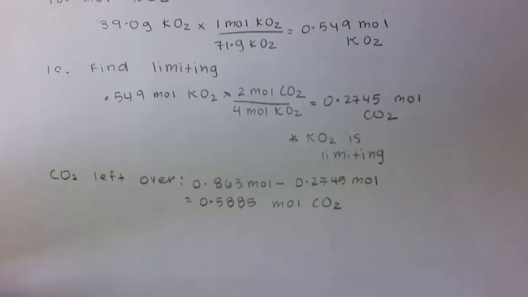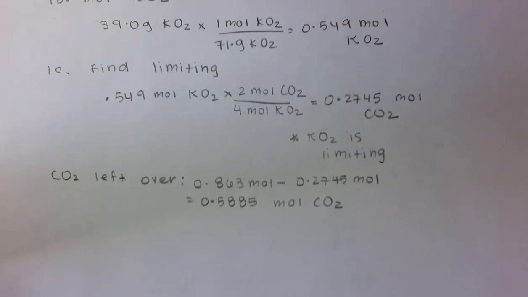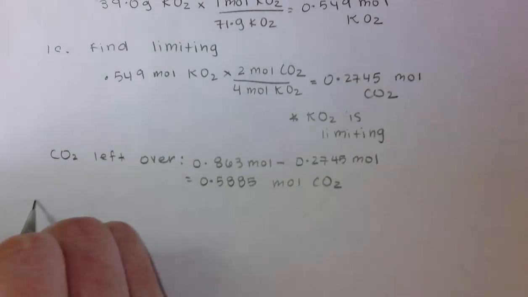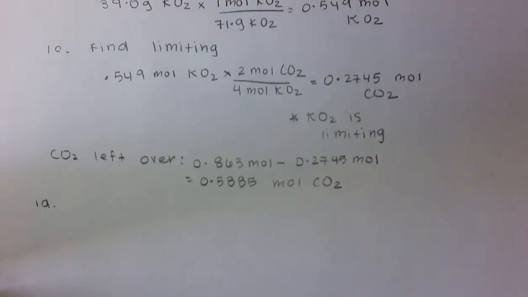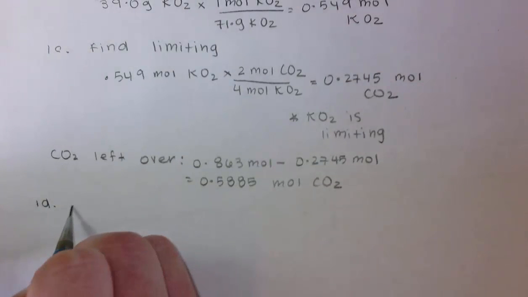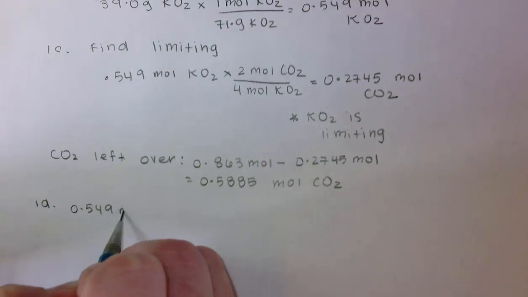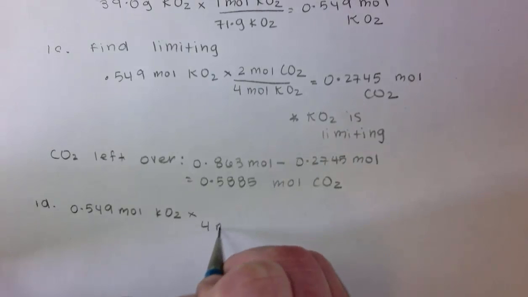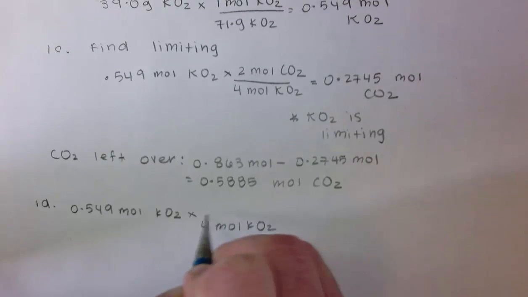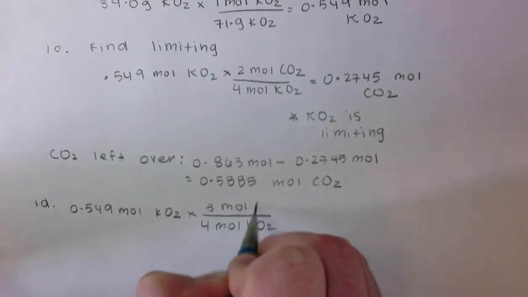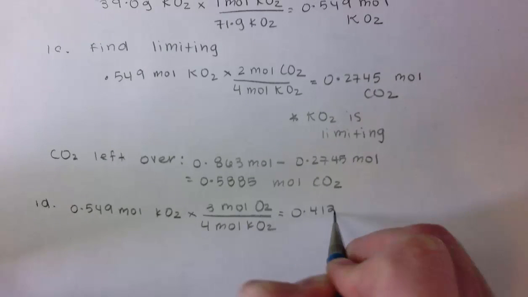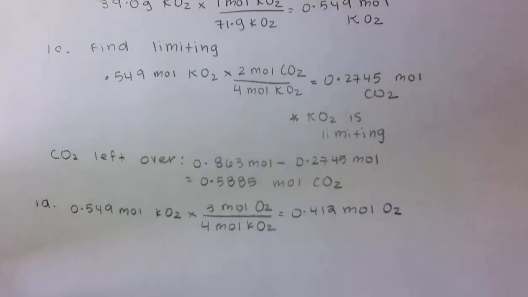So we have that, and now we know that oxygen is being produced, and oxygen is contributing to that final pressure. So let's find the amount of moles of oxygen produced. This depends on our limiting reactant. So we can start with our limiting reactant, which we found was KO2, and use the fact that for every 4 moles of KO2, 3 moles of oxygen are produced, and we get 0.412 moles of oxygen produced in total.